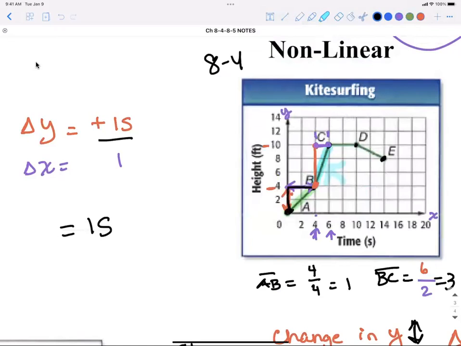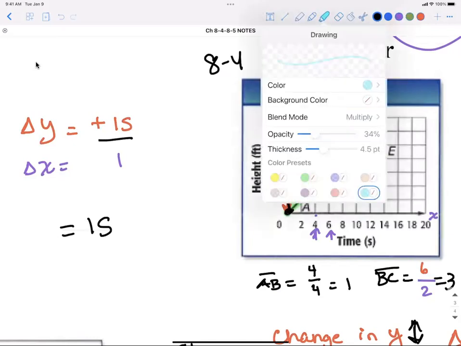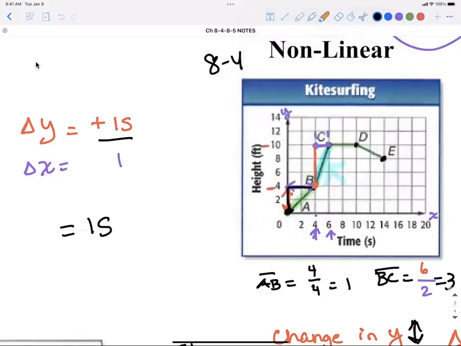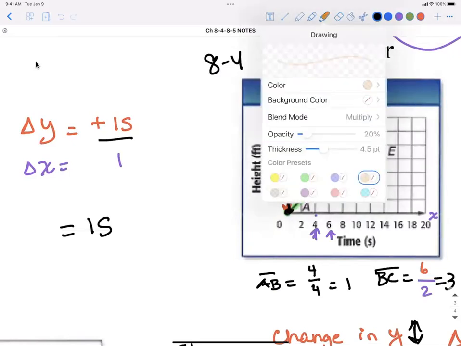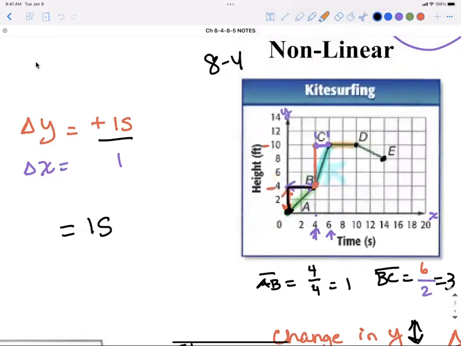Well, let's look at the section CD, because this is where it's kind of a special case, and we're going to talk about this probably more so tomorrow, but I still want to just introduce you to it a bit. So let's look at this section right here, this section CD. Let's make it a little bit darker. There we go.